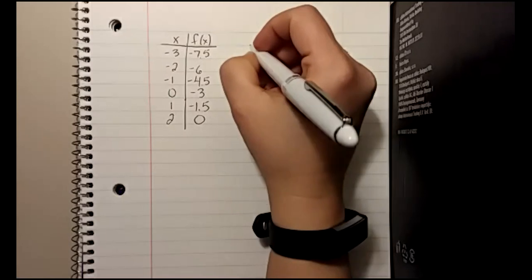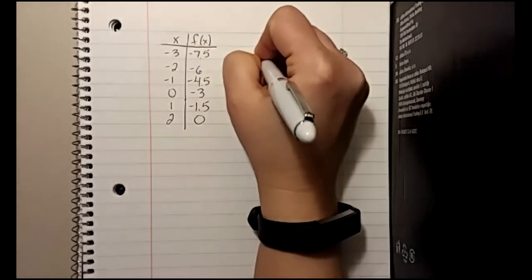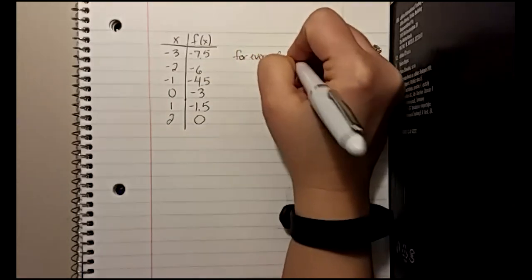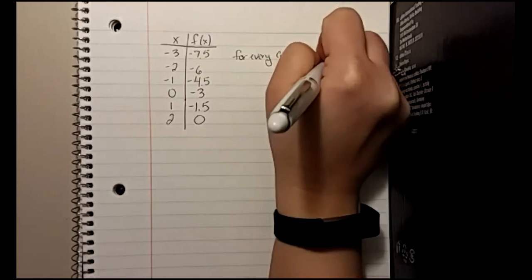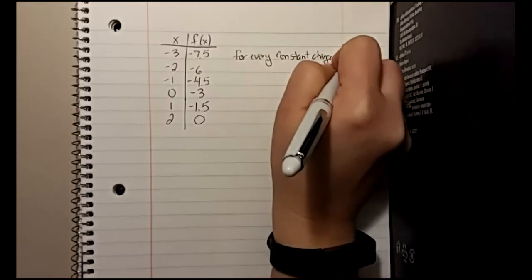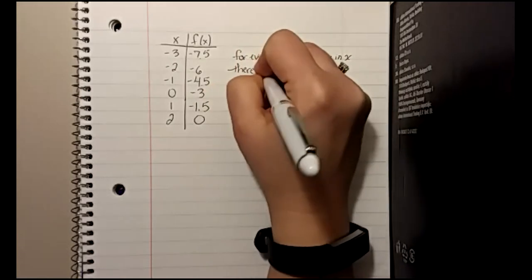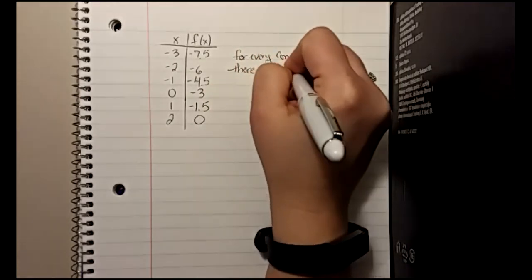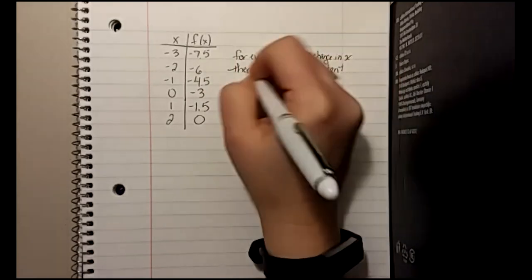So one more time, to be linear, for every constant change in x, there must be a constant change in y.